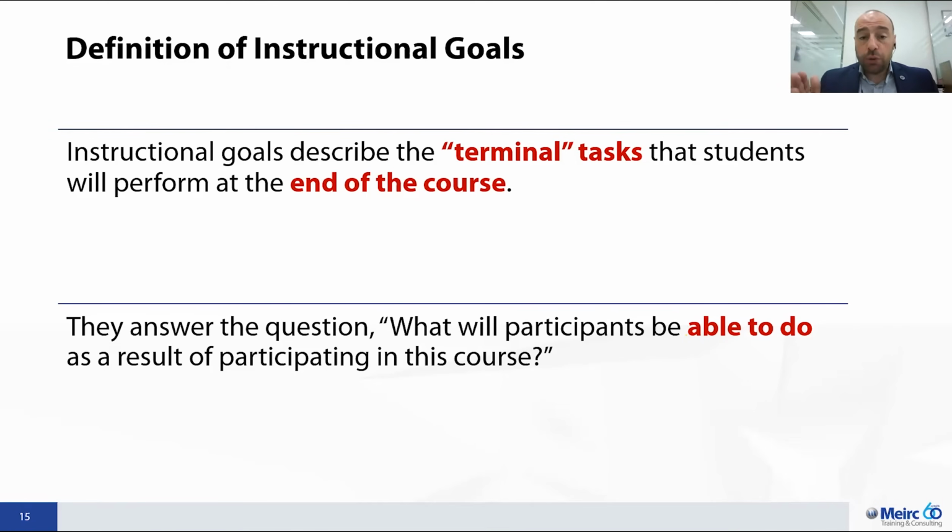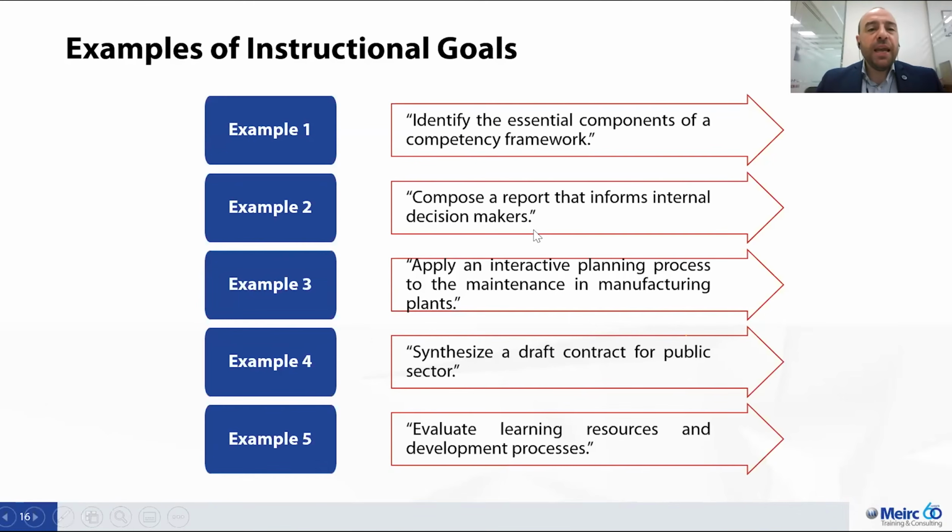So by the end of a course, whether it is live instruction, instructor-led, self-led, any kind of learning, there is a mandatory question that needs to be answered early on when we are designing learning episodes. And this question is, what will the participant do or be able to do as a result of participating in this course? And certainly, there is a very big struggle when it comes to this area.